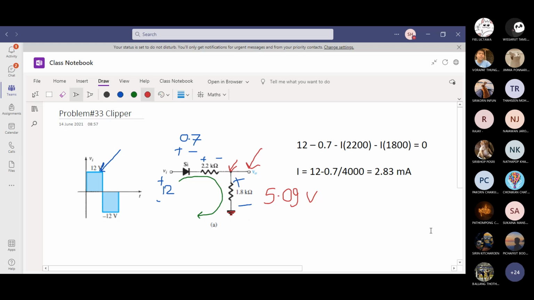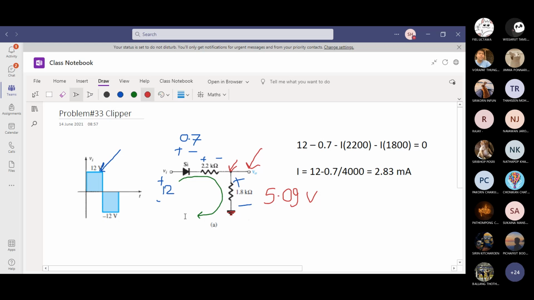I took 2.83 milliamp. If you take the exact result, 2.825, you're going to get 5.085. You will get 5.09, rounded up. So there are two ways of finding the voltage. Always look at the circuit and see where the problem is asking you to take the voltage.